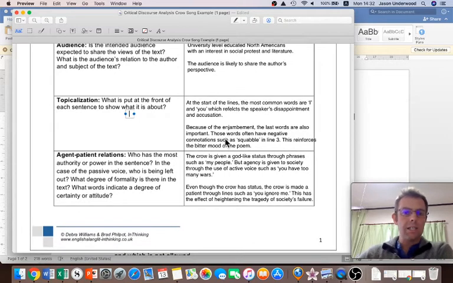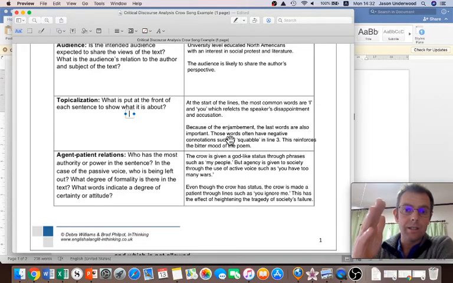And now this is where it gets a little bit interesting, and we can start making connections with stylistic devices. Because of the enjambment that's used in the poem, the last words are also given importance. So remember, enjambment is when a sentence is split over multiple lines, and the author is making a choice on where to break those sentences, especially in free verse poetry.